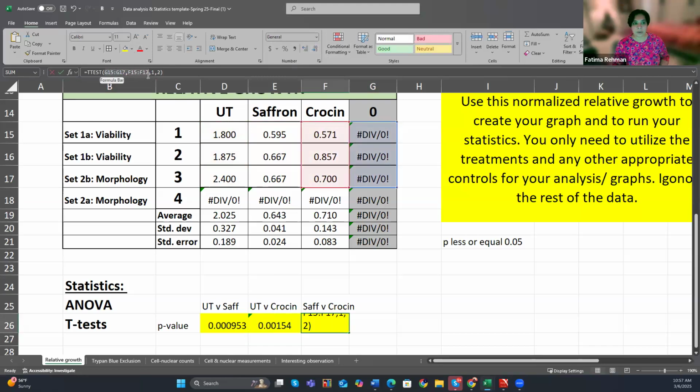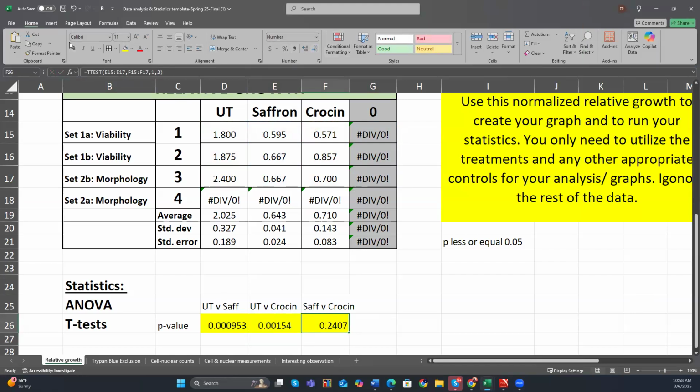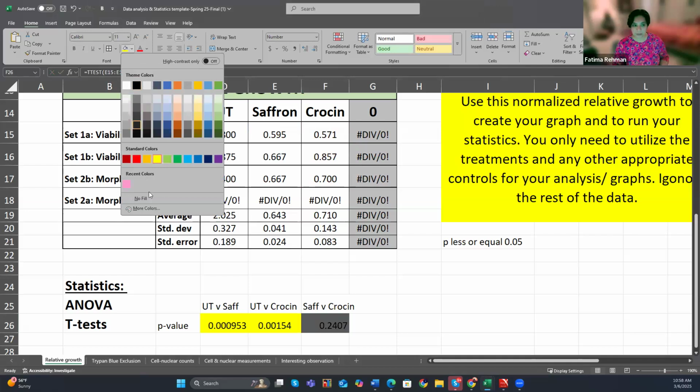This one is going to be saffron versus crocin. And I get 0.240699. Is that significant? No, it's above 0.05, so it is not significant.